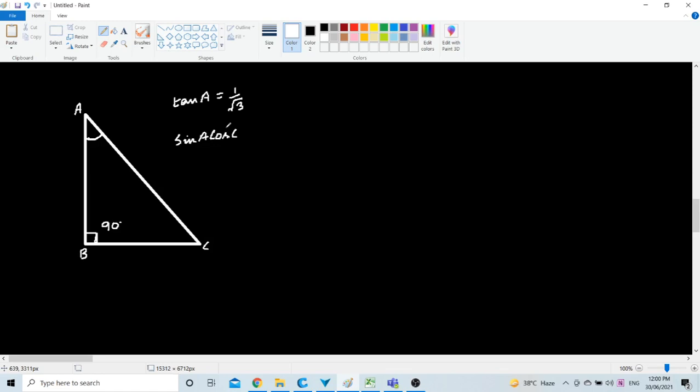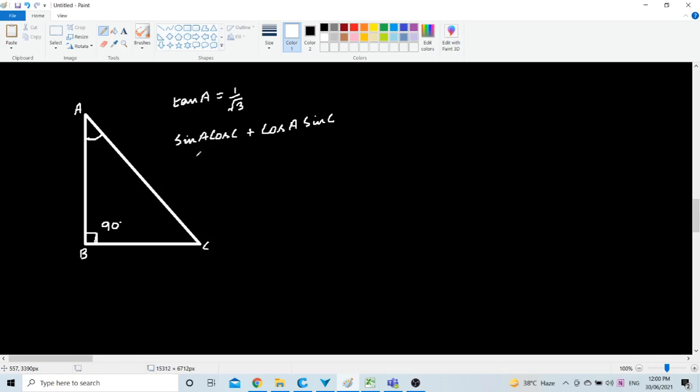Now the thing is tan A. If you try to figure out the values of sides first of all, this is actually AB upon BC, and that's equal to 1 upon root 3.